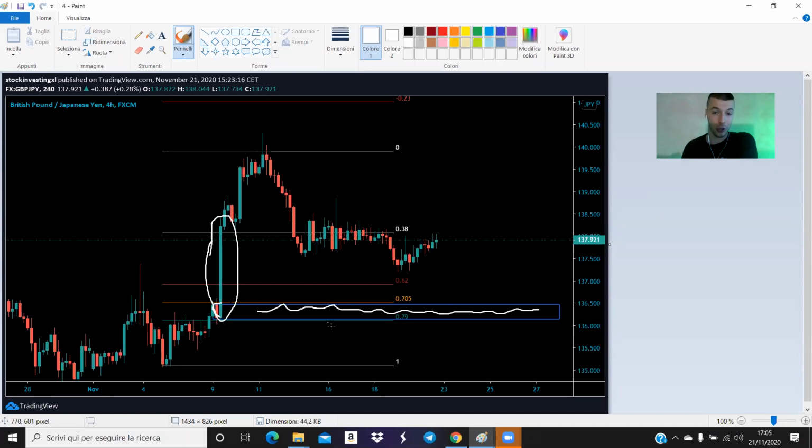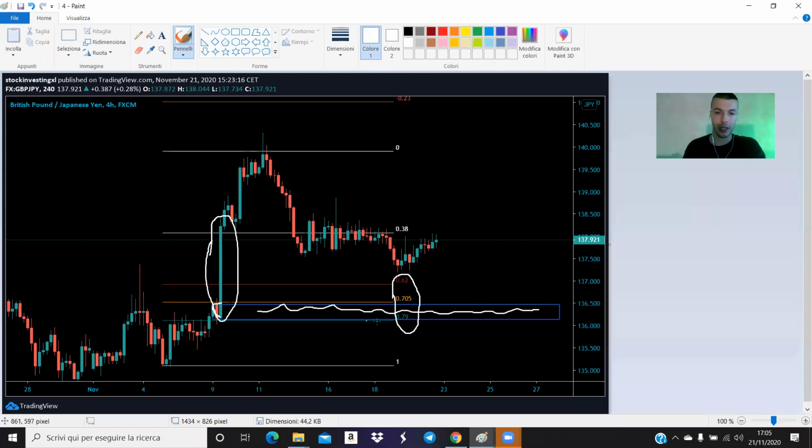This is good because also we have our Fibonacci levels as confirmation. If you haven't put the Fibonacci levels the same as mine, just do it. They are 0.38, 0.62, 0.705, and 0.79. And I'm entering trades only in between these three levels right here.